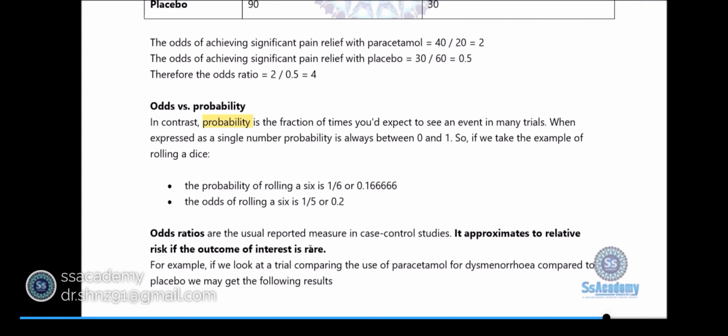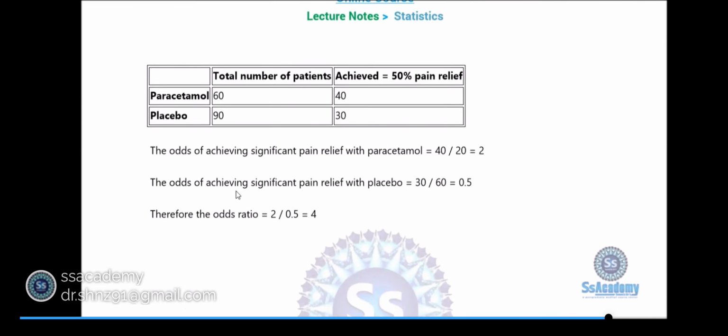Odds ratios are the usual reported measure in case control studies. It approximates to the relative risk if the outcome of interest is rare. For example, if you look at a trial comparing the use of paracetamol for dysmenorrhea compared to placebo, you may get the following results, achieving significant pain relief, and therefore the odds ratio.